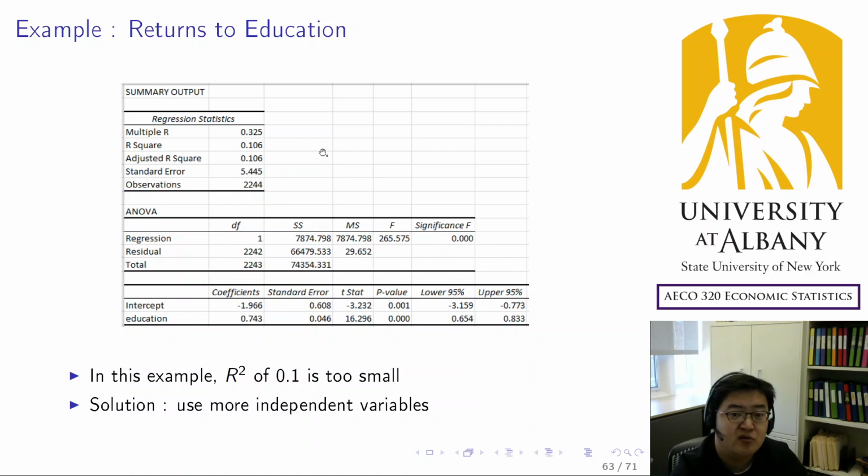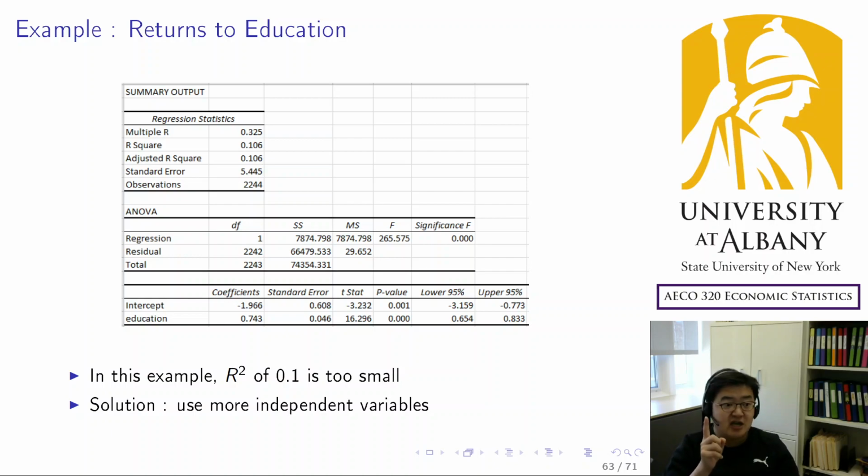Think about this now. How many factors determine your hourly wage? There are numerous factors, but we only use one of them, education. So education by itself explains 10%. In that sense, 10% is huge.